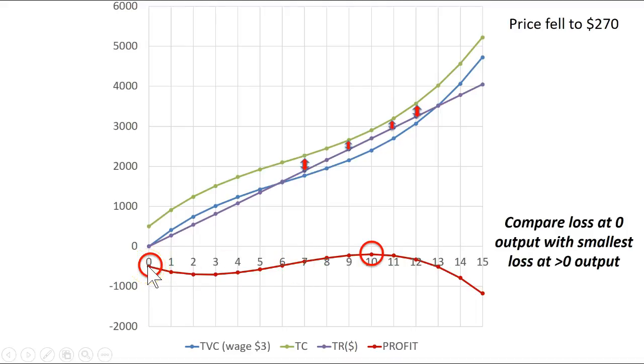So we can say from that information alone that it's rational for the firm to stay open, not to close, and produce 10 units of output, despite the fact that it makes a loss.